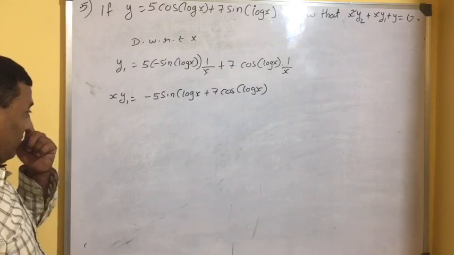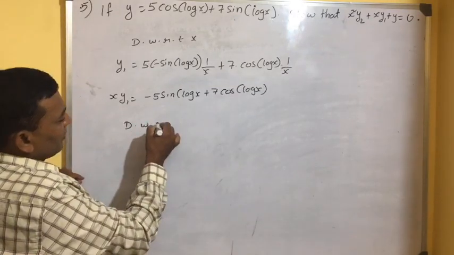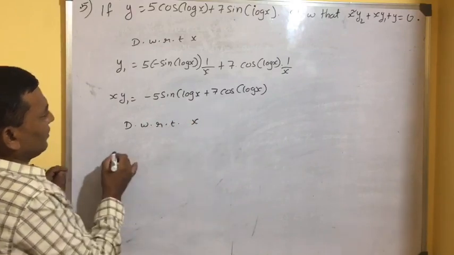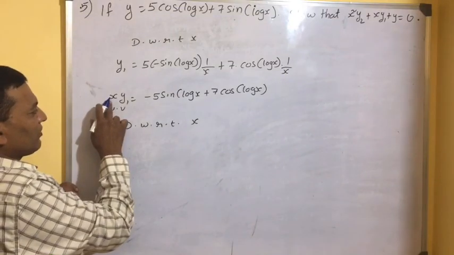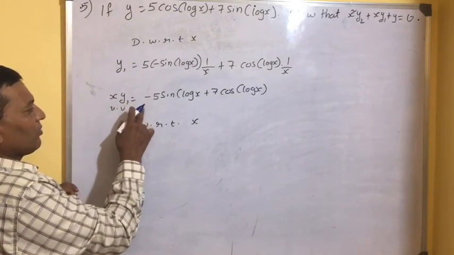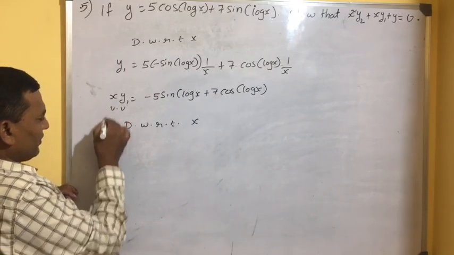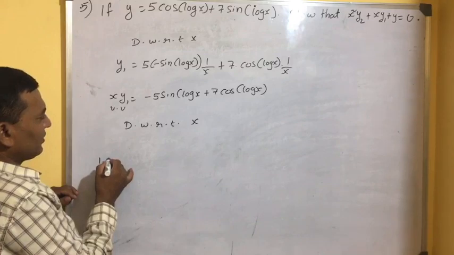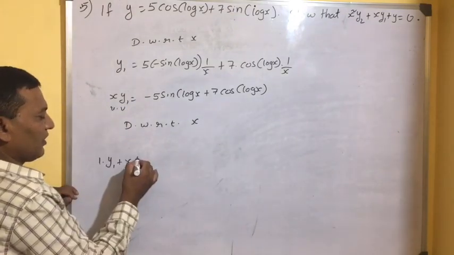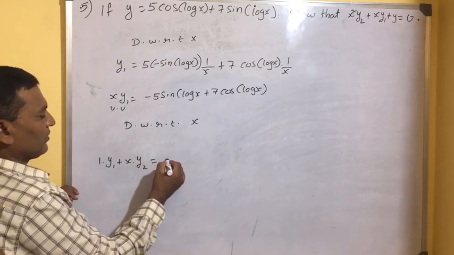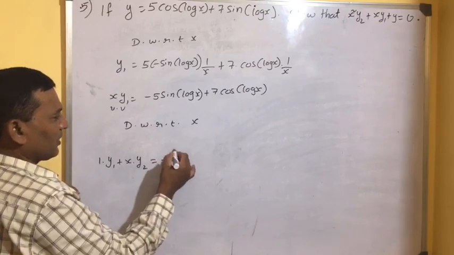Now next, because we want the second derivative also, differentiate this again with respect to x. We get this by the UV method, that is product rule: differentiation of first into second plus first into differentiation of second. So differentiation of x is 1, and write y1 as it is, plus x as it is, differentiation of y1 is y2, which is equal to, on the right side, minus 5 constant as it is.